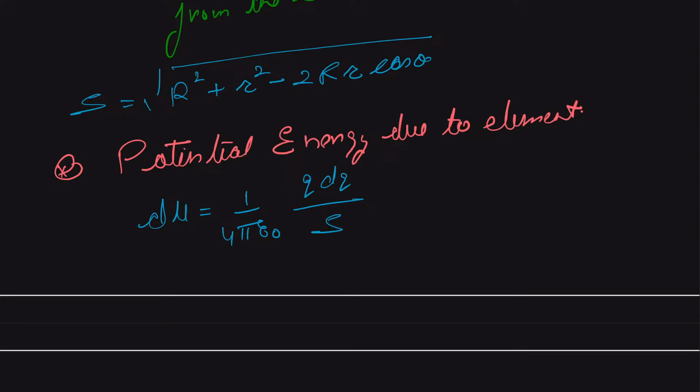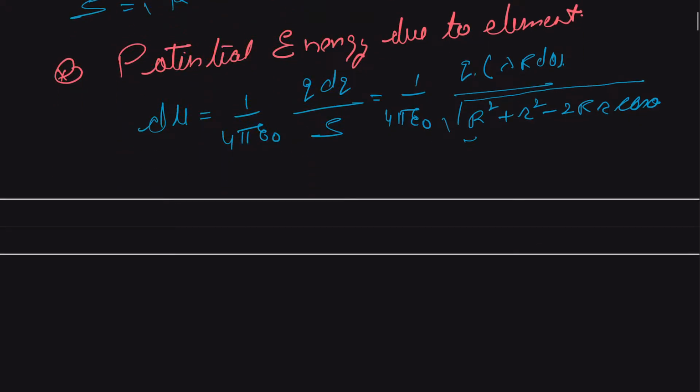Now we substitute the value of dq and the value of s, and we can write this as 1 upon 4 pi epsilon naught times q lambda r d theta over the square root of r square plus small r square minus 2r small r cos of theta.